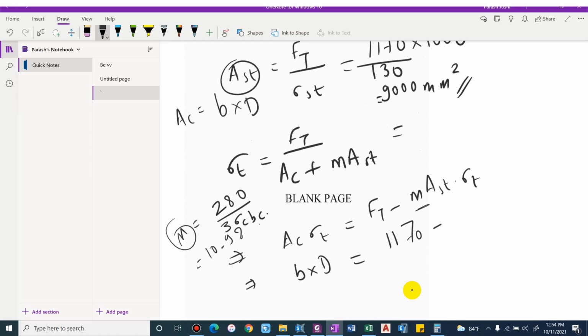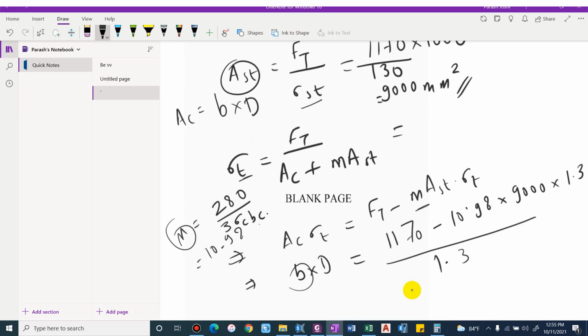Substitute the value of m as 10.98, Ast which is 9000, into sigma ST. This is sigma ST, this is sigma T, and we found this value to be 1.3 considering crack width, or the resistance against cracking, divided by sigma T, so 1.3.